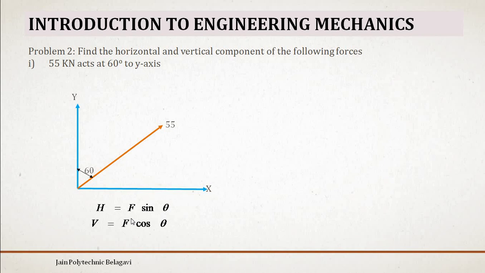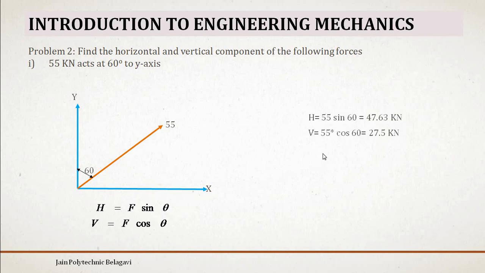Again the formula here: if you shift this force here, it will form a triangle in this fashion. The opposite side of this angle is the horizontal component. So horizontal divided by the hypotenuse is nothing but sin theta. So I have shifted this F to the top, on the right side. So the horizontal component is equal to F sin theta.